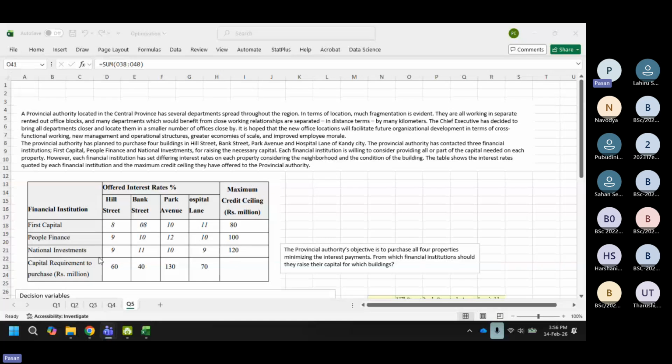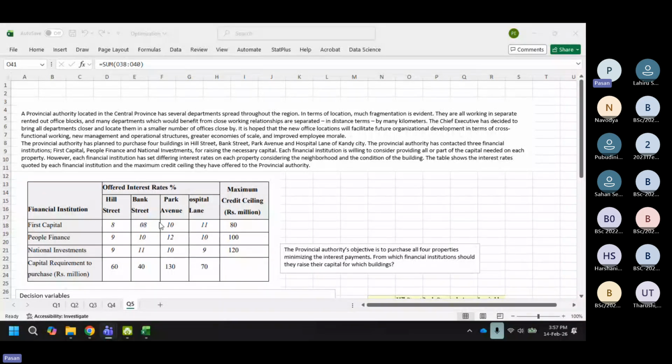So we have to identify that. Each place is going to give different rates, and because of that, the rates at the different places are changing.